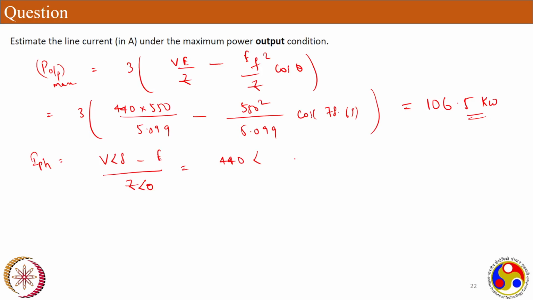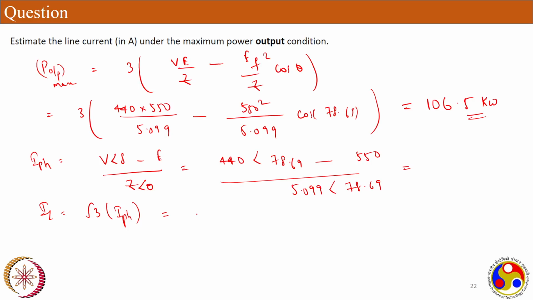Delta would be equal to theta, minus 550 divided by Z at an angle of theta, 5.099 at an angle 78.69. If you solve this, you will get the phase current. So I line would be root 3 times I phase. So how much can you tell me? Get around 215.2 amps. Please verify again from your end.